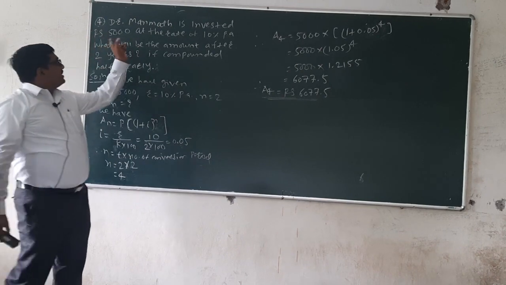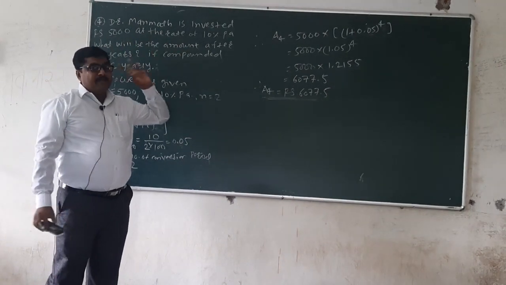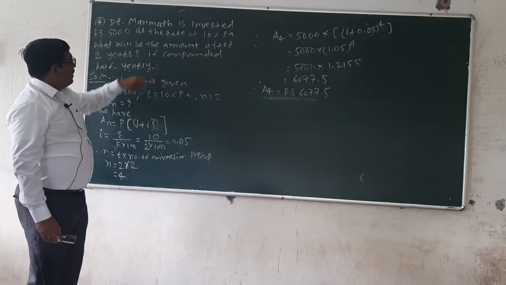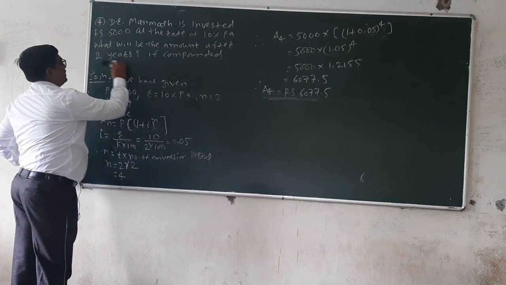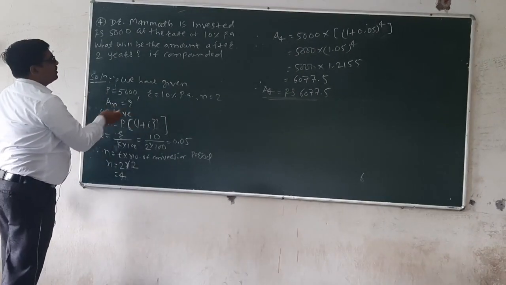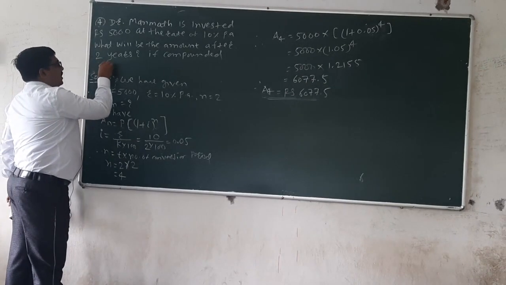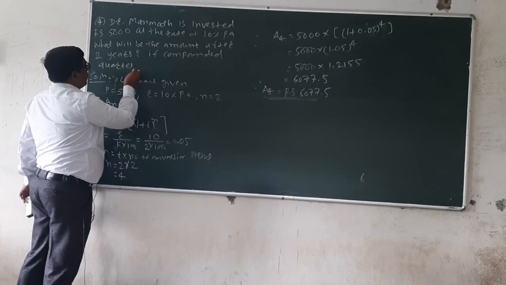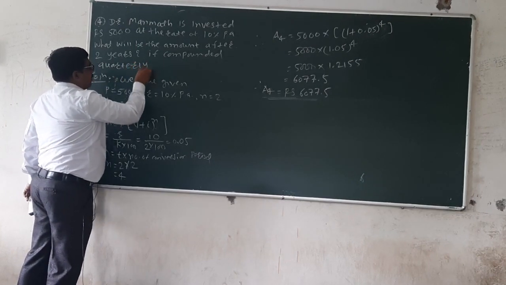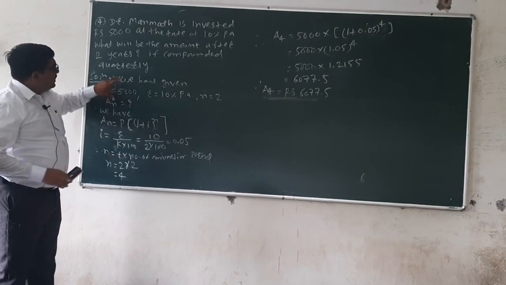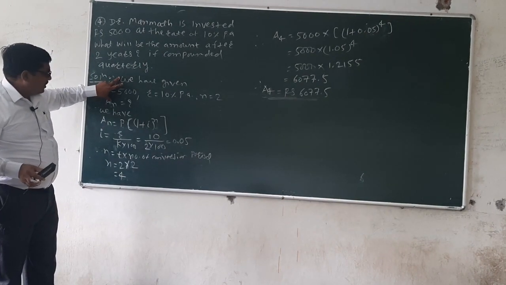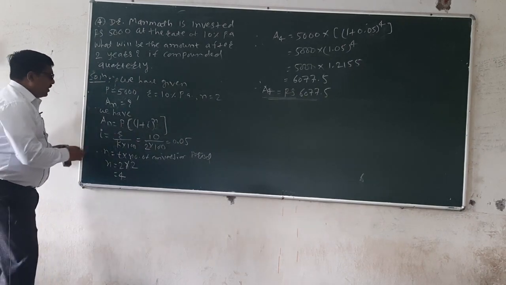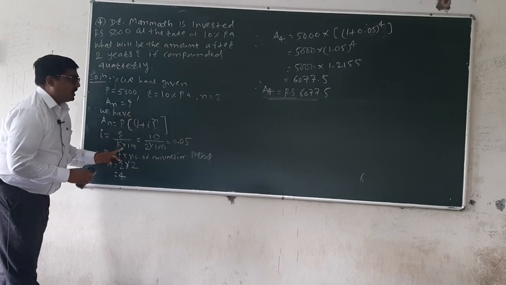Dr. Manmath invested rupees 5000 at the rate of 10% per annum. What will be the amount after 2 years if compounded quarterly? This is the change. These things are the same, so we have the same AN formula, then I equal to R upon K into 100.